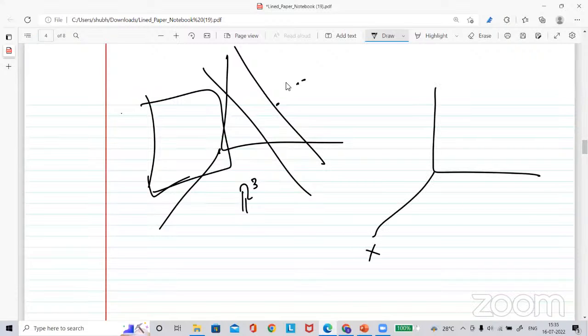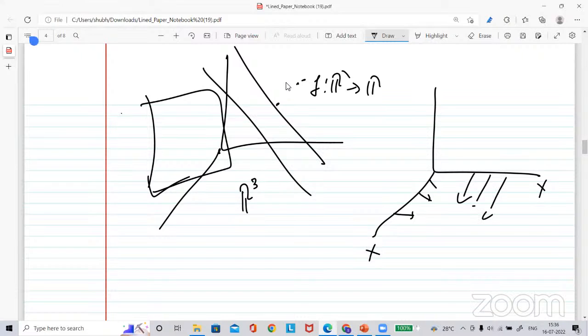Suppose this function is from R to R. You are substituting values from x, and getting values on R. Suppose this R is your z. You are getting an output on this line.